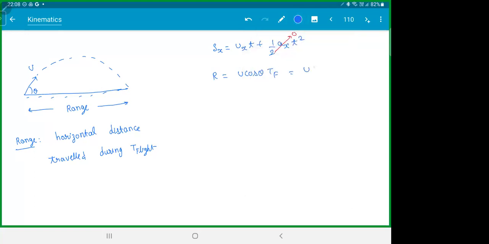And we know time of flight is 2u sin theta by g, so range is u cos theta into 2u sin theta by g. And we know 2 sin theta cos theta is sin 2 theta. So this is the formula. Range is u square sin 2 theta by g. Again, this is valid only if you come to the same level.